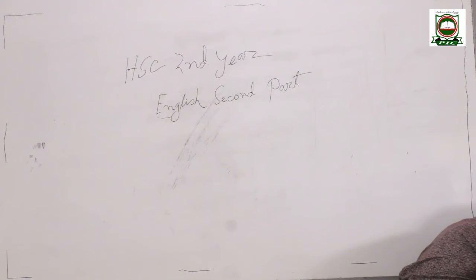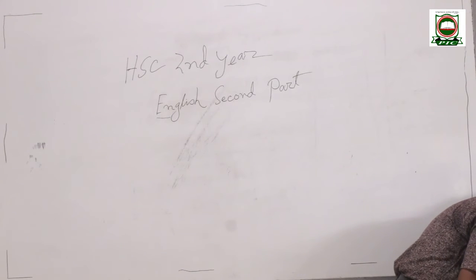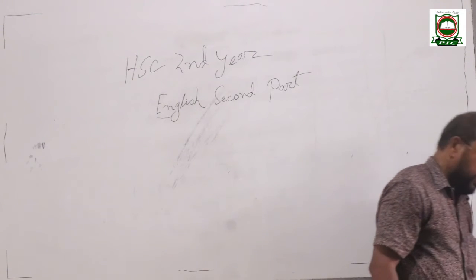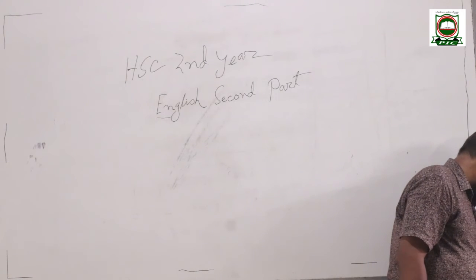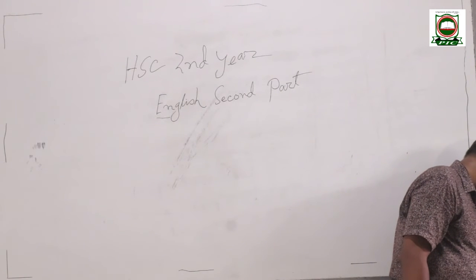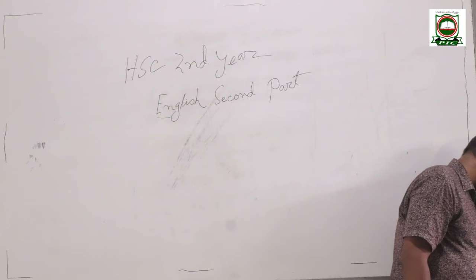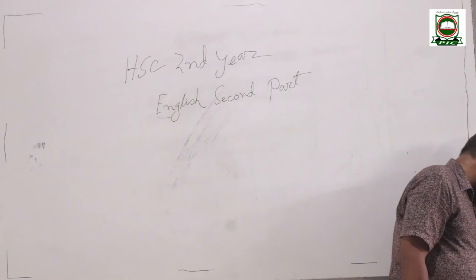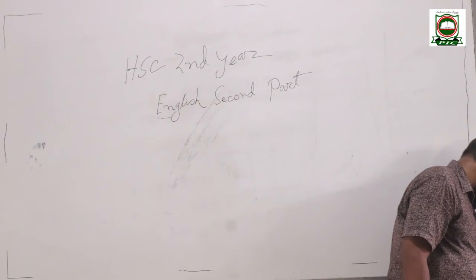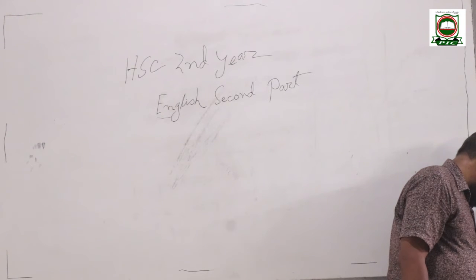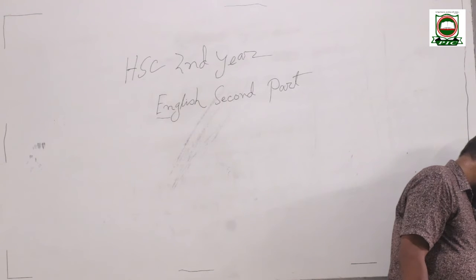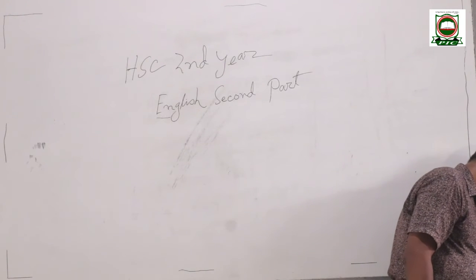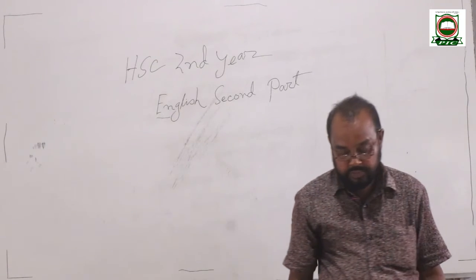These perception verbs are like hate, feel, see, notice, want, love, dislike, hope, remember, belong, forget, mind, prefer.